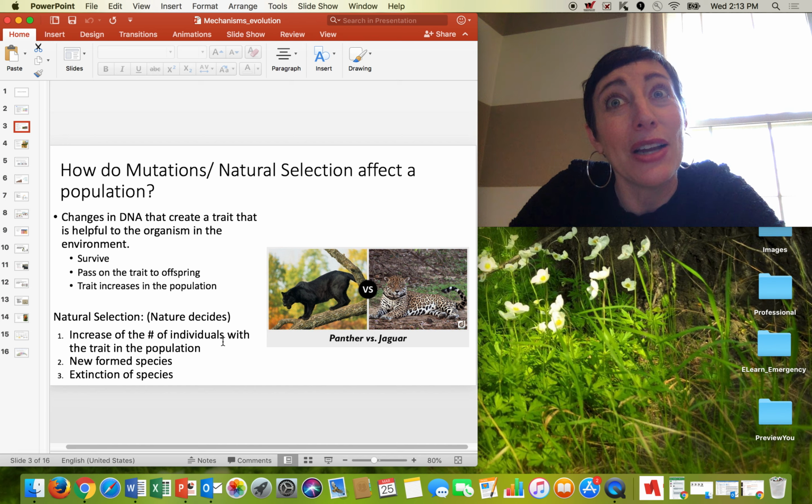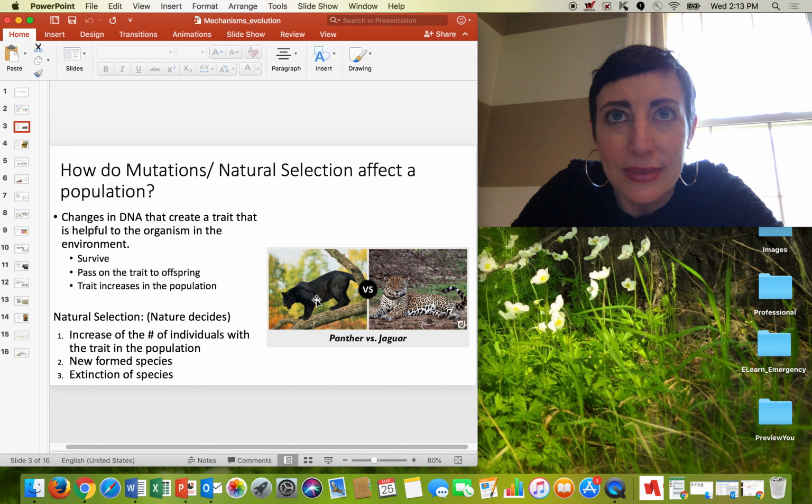And again, that trait has to be helpful in its environment. For example, it would not be helpful to have black fur in the Arctic where there's snow everywhere. That doesn't make sense. That's not a helpful mutation or adaptation. The helpful adaptations are going to help them in the environment they are in.